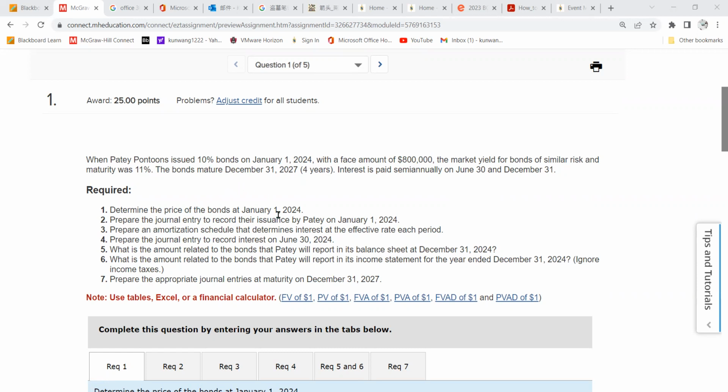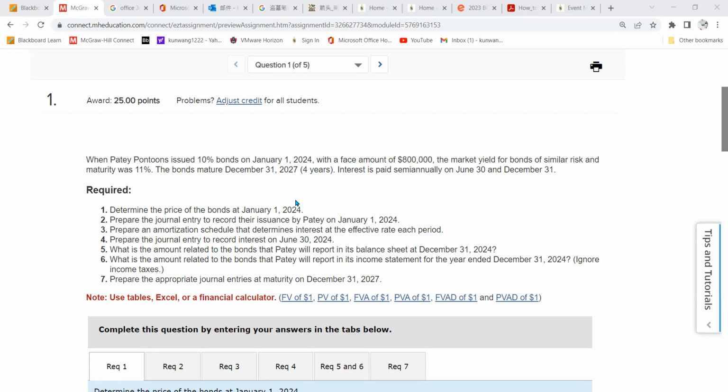But for this one, first requirement: because the state interest rate is lower than the market rate, 11%, we have to discount the bond sale. But how much the discount will be, we need to get through the calculation. So number one is asking for the calculation of the bond price only, or you may have a slightly different number than mine.